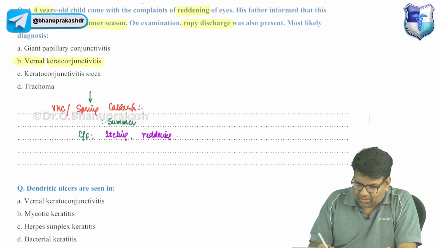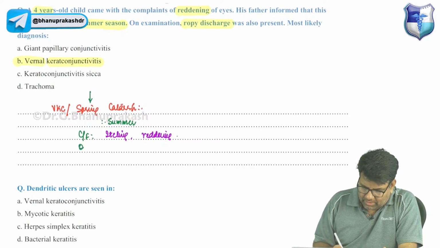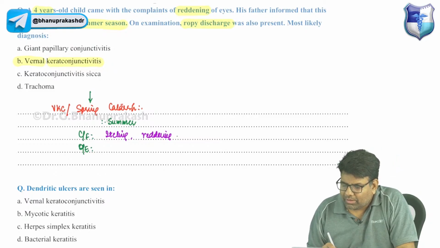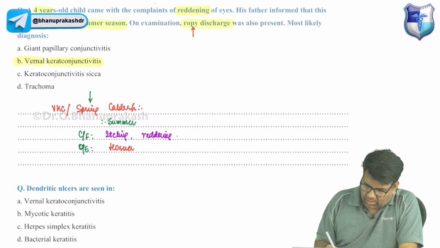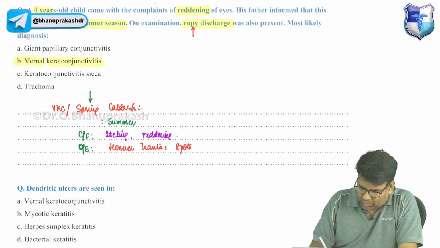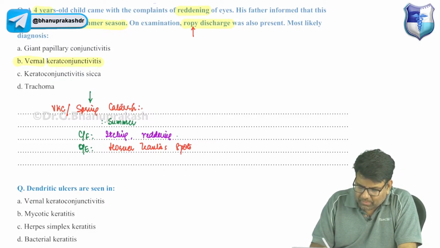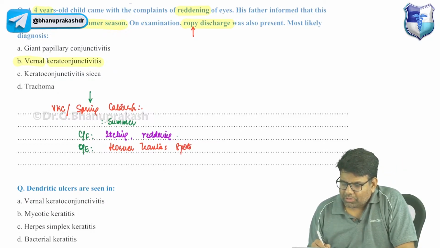On examination, we see ropey discharge, as already mentioned. Apart from that, we will see Horner Trantas spots. What is the location of Horner Trantas spots? Any idea?